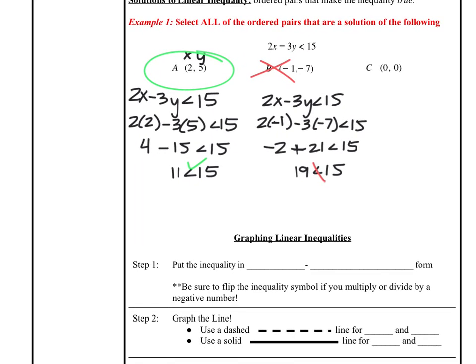Okay, last one. I'm going to put 0 for both x and y because that's what it says up here for the point.